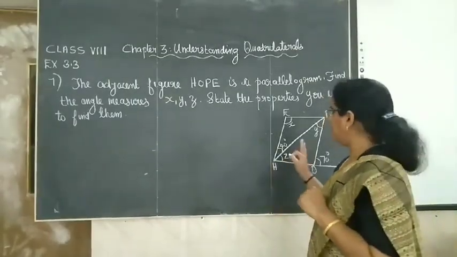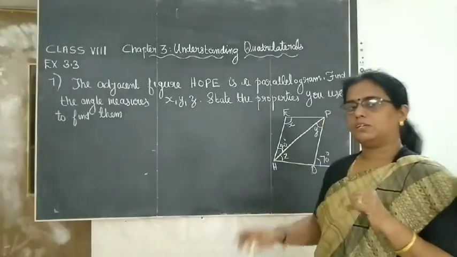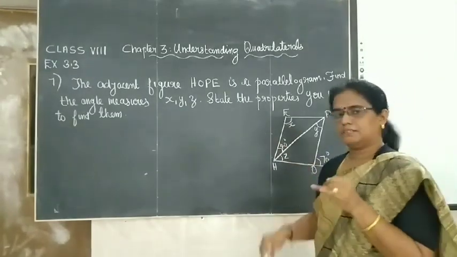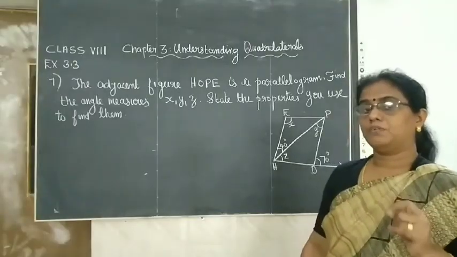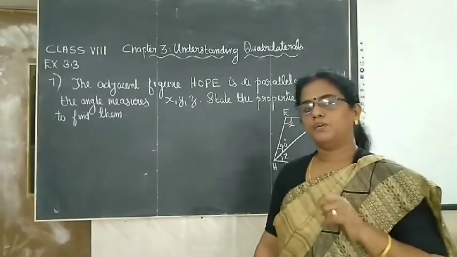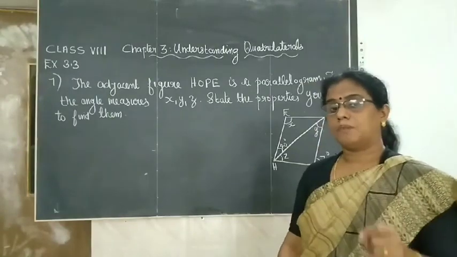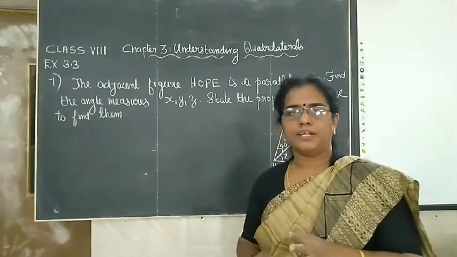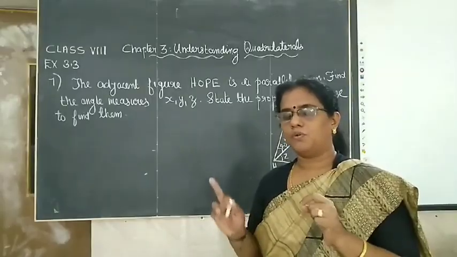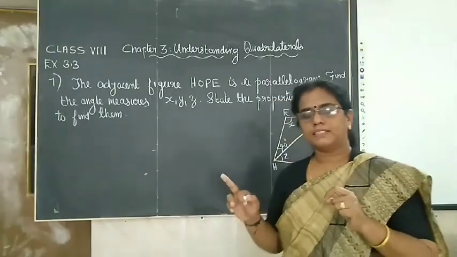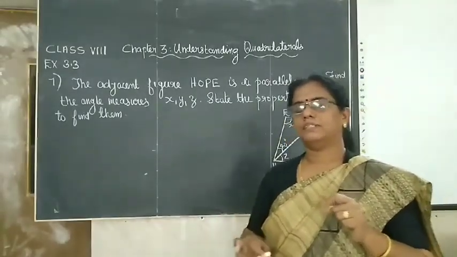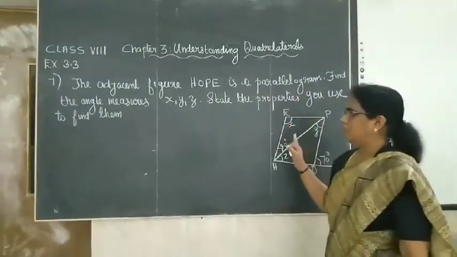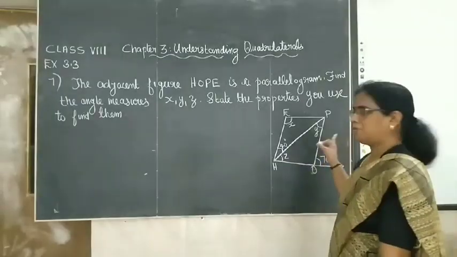You know, in a parallelogram, opposite angles are equal, opposite sides are parallel, adjacent angles are supplementary. That is, the sum of two adjacent angles will be 180 degrees, and the sum of all four angles in a parallelogram is 360 degrees. But here we are applying some of the properties.